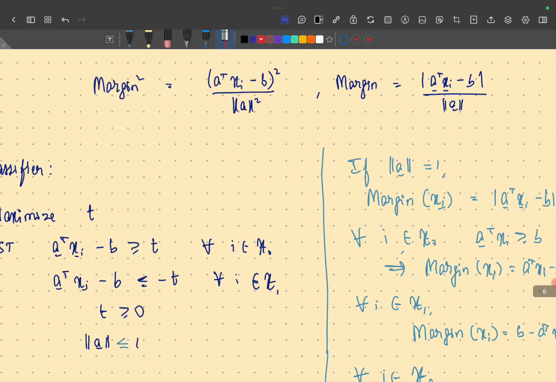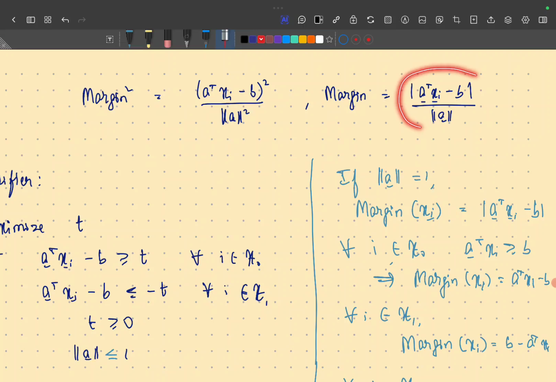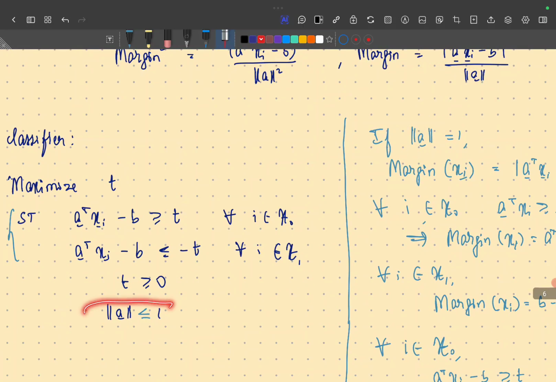If you try to involve the margin in any other way without invoking this specific constraint, you will end up with something more complicated. You'll definitely get a valid optimization problem, but it may or may not be convex.